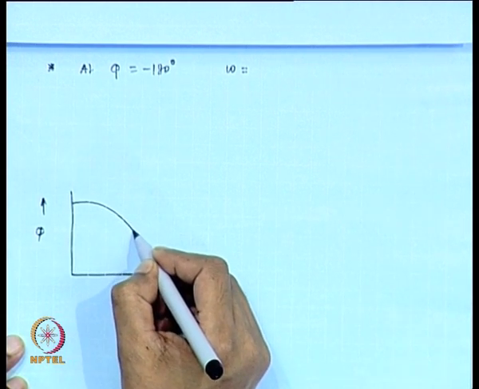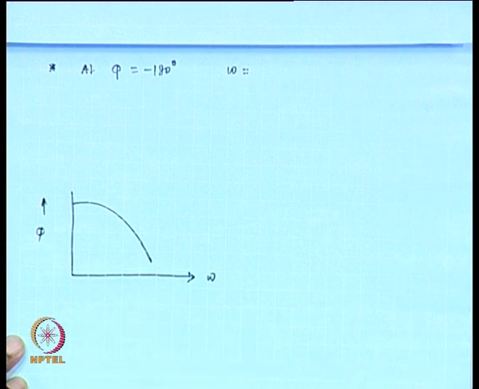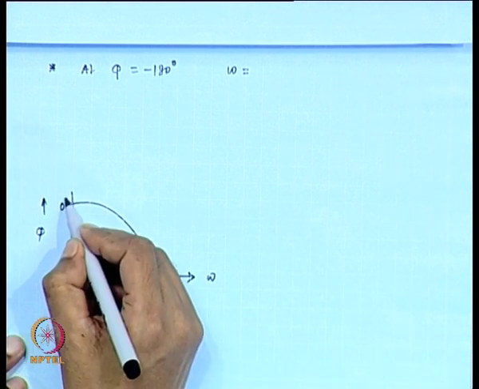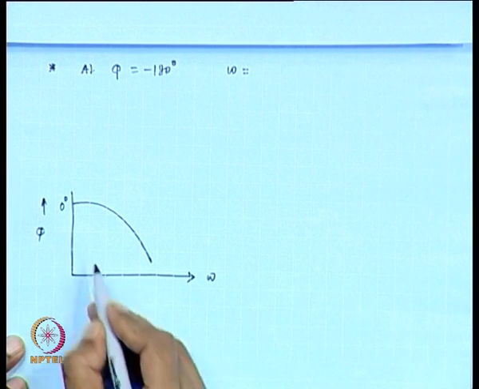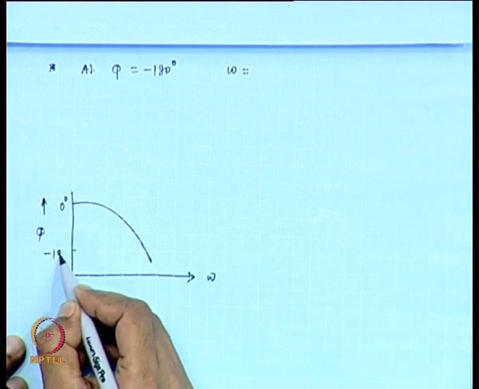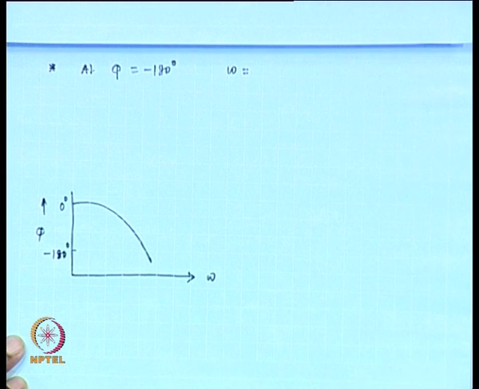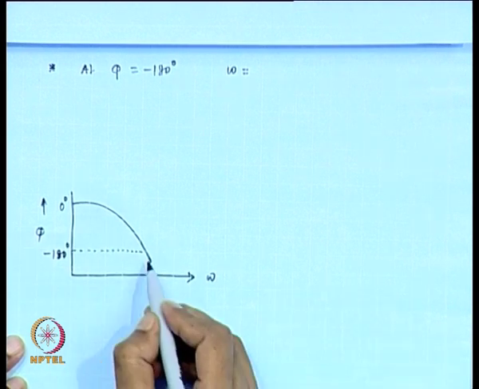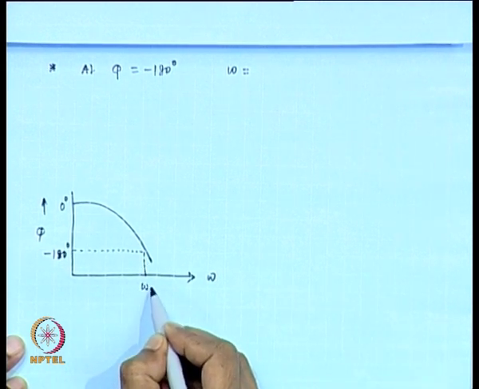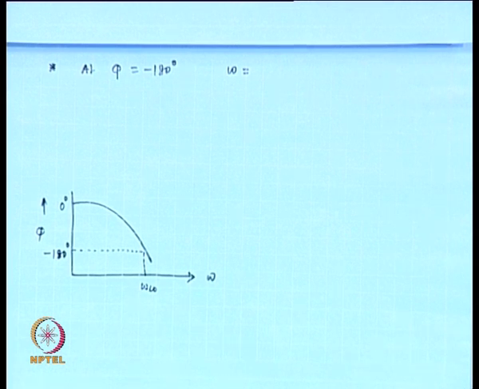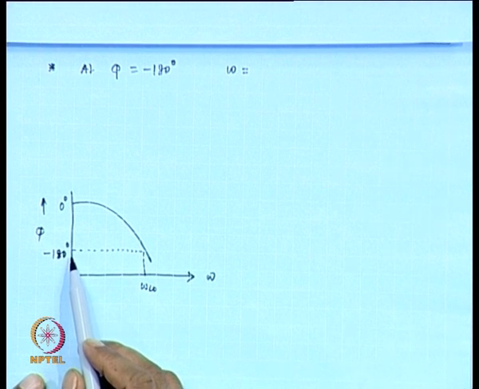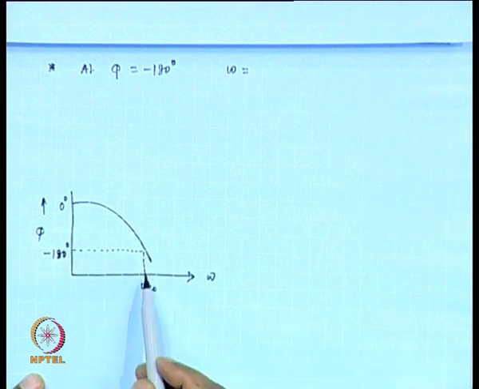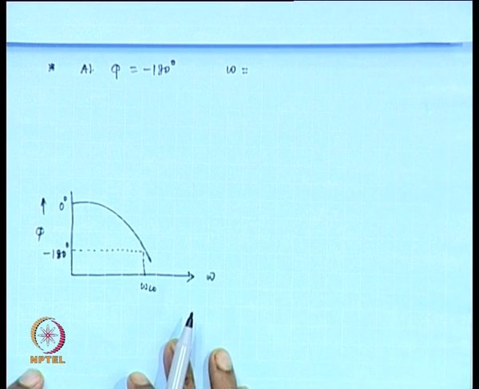Now, the plot is say like this. This is suppose 0 degree and this is suppose minus 180 degree. Fine. So, at phi equals minus 180 degree, we obtain crossover frequency. Agree? So, the frequency corresponding to this phi equals minus 180 degree is crossover frequency, which is shown in this figure.